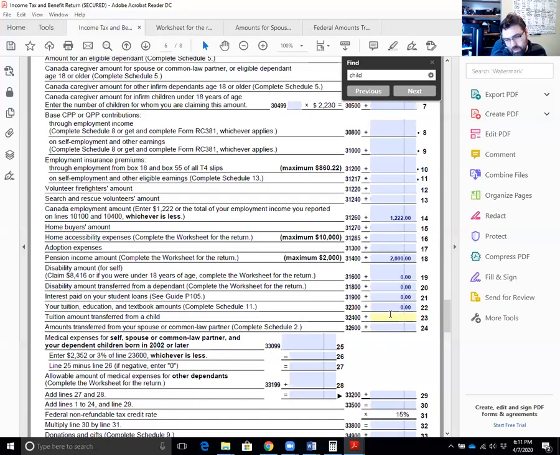Now in the last question we did, remember we transferred part of our tuition amount over to our parent. So this is where they would put that in. I can't remember if I pointed that out to you in the last video, but if I didn't, this is where it goes. But we don't have that in this question. And amounts transferred from your spouse or common law partner, complete Schedule 2. Okay, so let's go to Schedule 2.